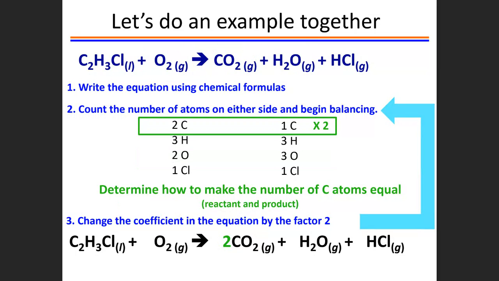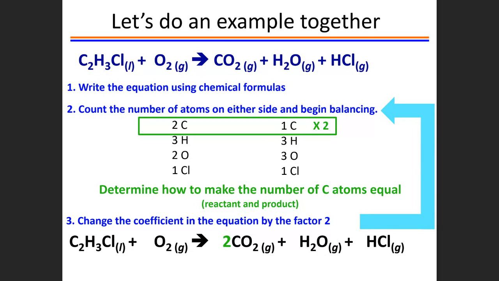If you look into the particular reaction, what do we have here? Carbon 2, we have carbon 1. We have hydrogen 3, we have hydrogen 3 here. We have oxygen 2, we have oxygen 3. That means we have to do something here and here, otherwise we cannot make it.